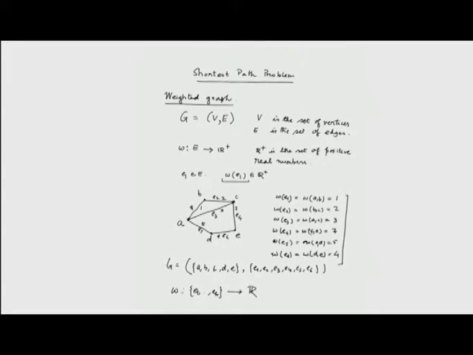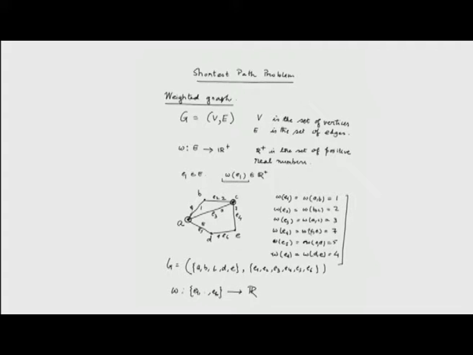If we look at the graph that we just drew, if we consider the vertices A and C, and suppose we want to go from vertex A to C, we have at least 3 paths.